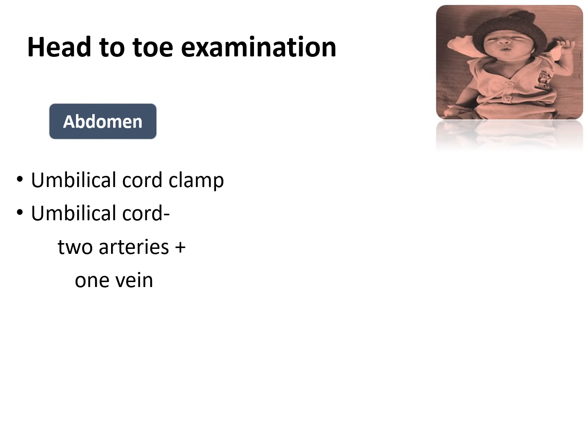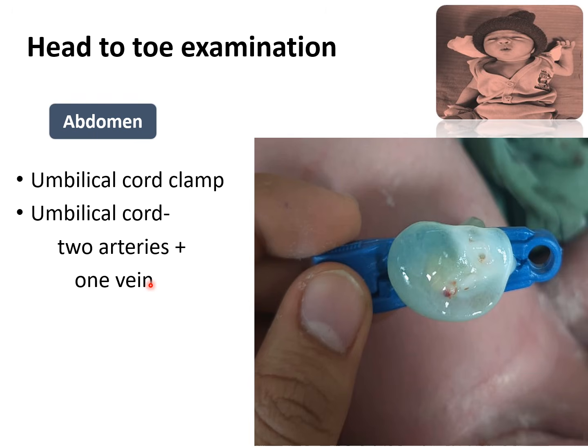Then examine the abdomen for the umbilical cord and umbilical cord clamp. Normally, the umbilical cord contains two arteries and one vein. And what is the basic difference between artery and vein? Here in this image you can see these two are the arteries. Arteries are thick-walled, small-lumen structures, like a protruded structure, while the vein is thin-walled, collapsed and a larger-lumen structure.